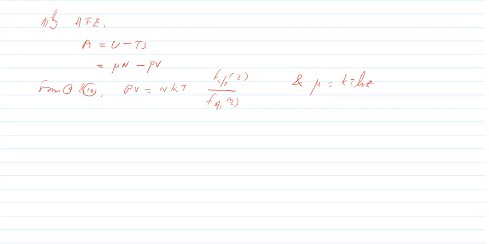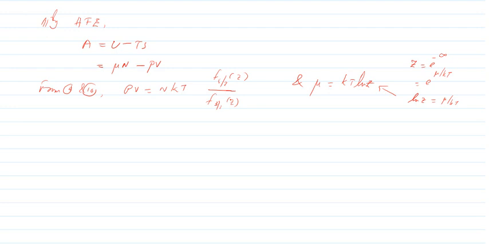From the expression z is equal to e raised to minus alpha, which is equal to e raised to mu by kT, take a log on both sides, so log z is equal to mu by kT, or mu is equal to kT log z. That is what I have used here.